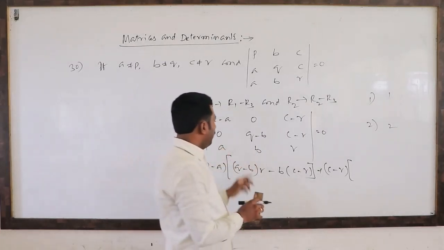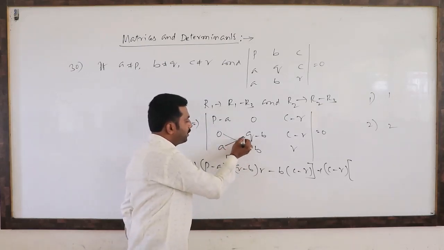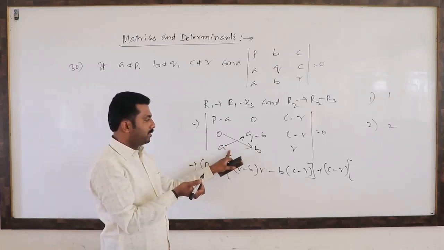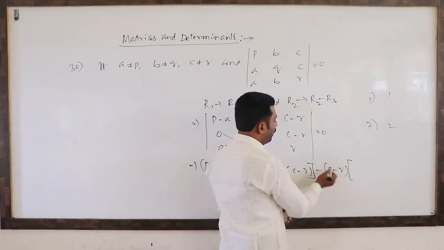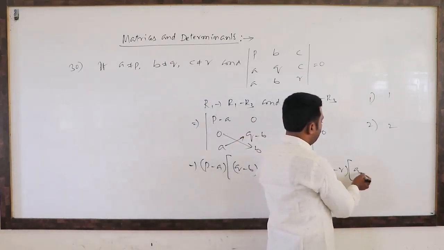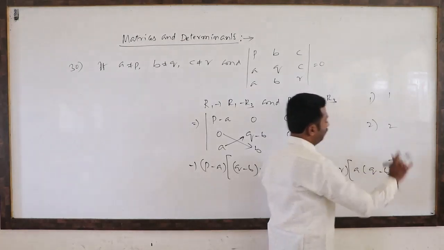So minus A, so you observe 0 into B, 0. If you take this cross, minus will come. Instead of writing minus, I am taking minus A into Q minus B, A into Q minus B equal to 0.